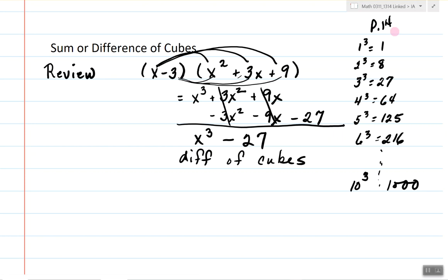When we work with cubes, the difference of cubes and the sum of cubes are both factorable. Under certain circumstances with different signs, this could have resulted in the sum of cubes. Both are factorable.